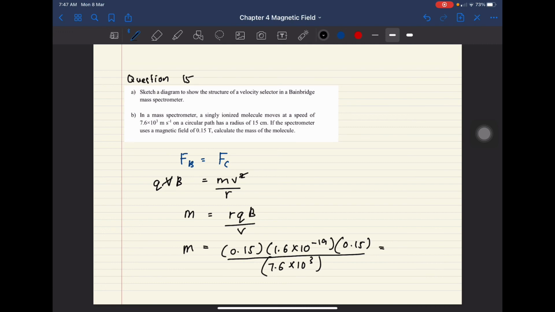I got here 4.74 times 10 to the negative 25 kilogram. I'll double check the answer.